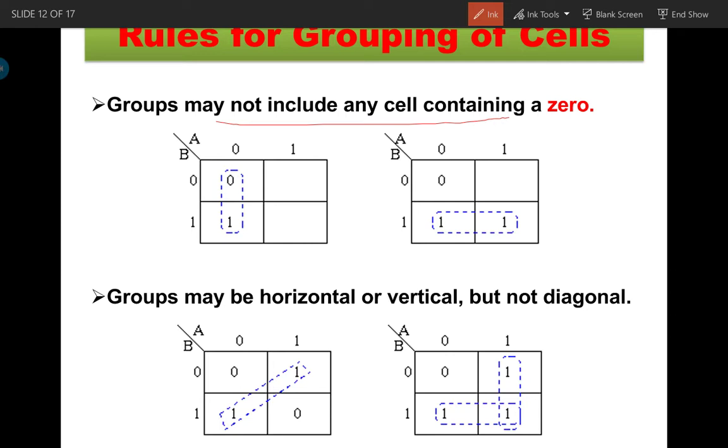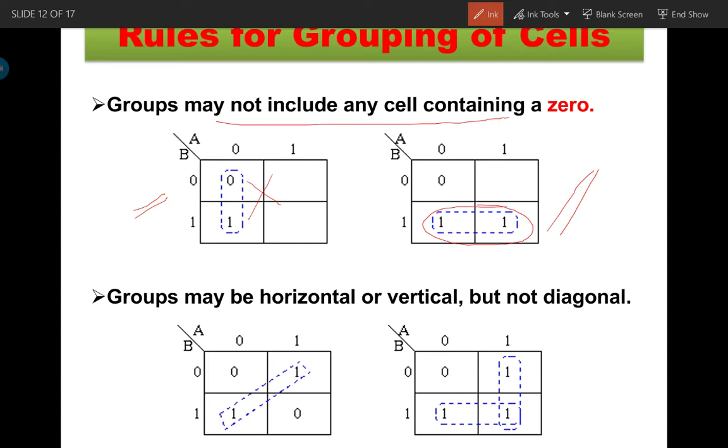If you see this first example, in this case we have 0 and 1 in the cells, so we cannot make this group as the cell contains 0. 0 will not be included in any group. On the right hand side, there are 2 ones available in the group, and we can make this group of 2 ones. So this is right. So the first rule is that the group should not include any 0, right?